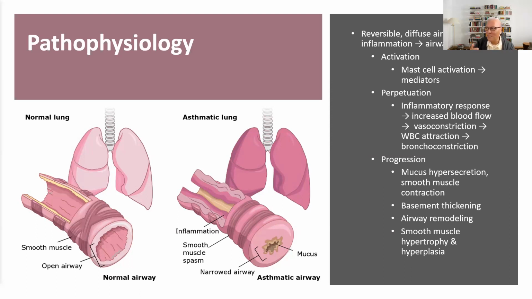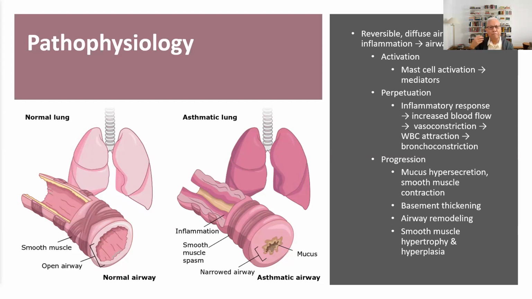Now, how does it start? Well, the pathologic process in asthma begins with the inhalation of an irritant. An example of an irritant would be pollen or cold air, which then, due to hypersensitivity of the bronchial structures, leads to airway inflammation and an increase in mucus production.